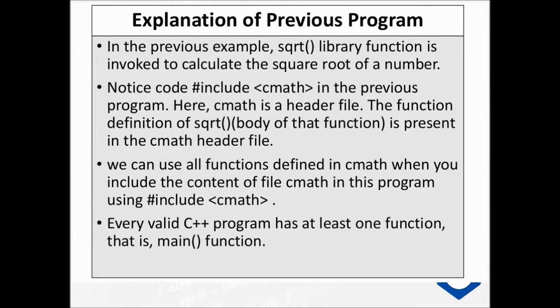Here cmath is a header file. The function definition of square root, the body of the function, is present in the cmath header file. We can use all functions defined in cmath when we include the content of the file cmath in this program using include cmath. Every valid C++ program has at least one function, that is the main function.